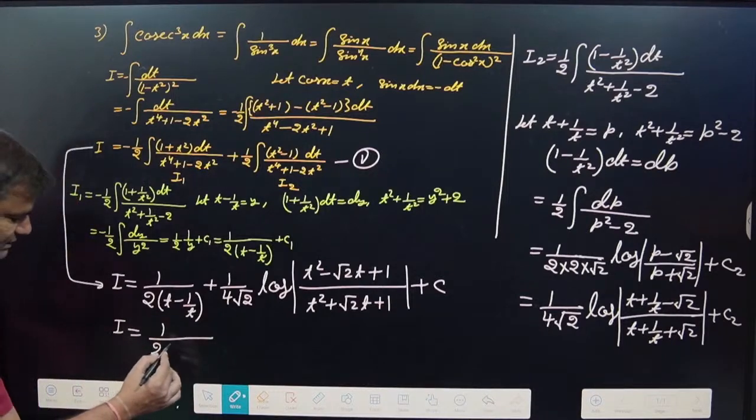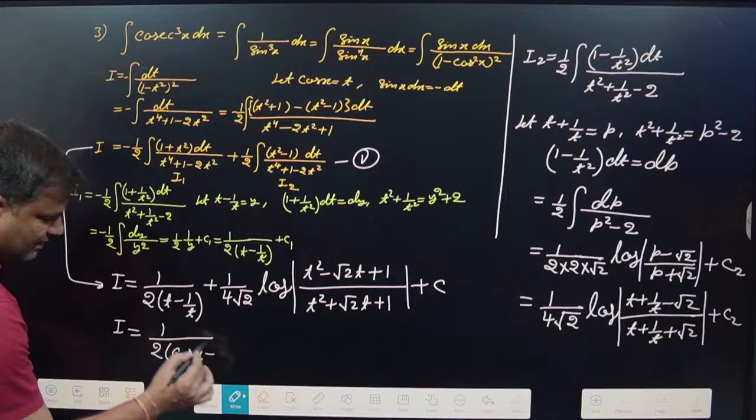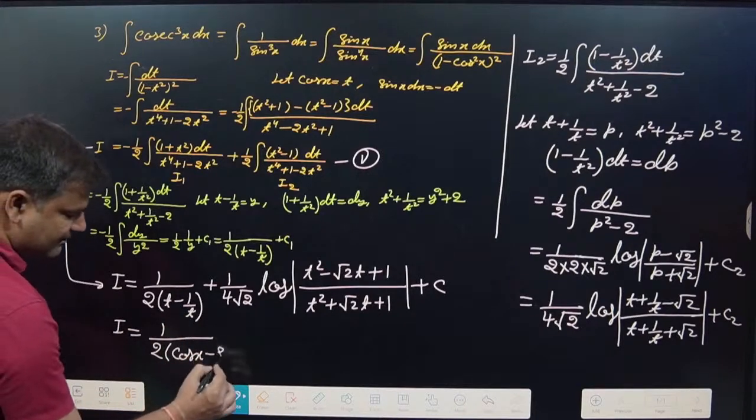So cos x minus 1 by cos x, this is sec x.